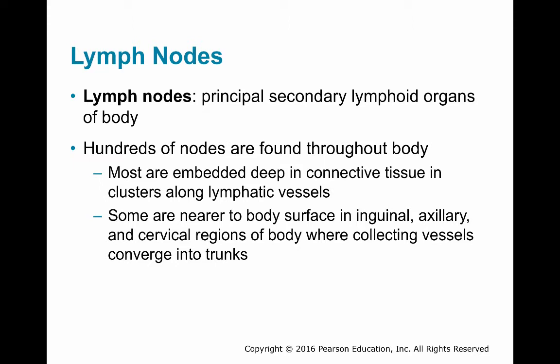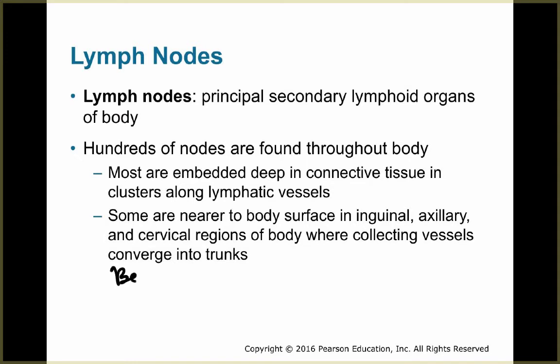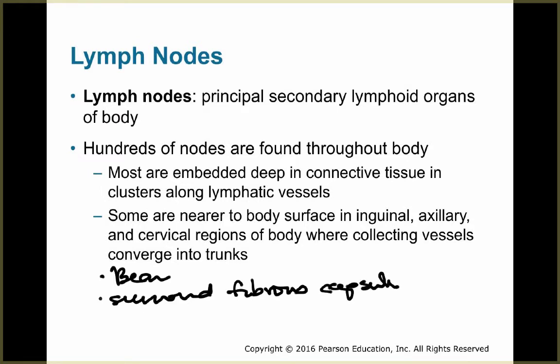Lymph nodes can vary in size and shape, but most of them are bean-like structures. They're very small, less than an inch or 2.5 centimeters. They're surrounded by capsules, and these capsule fibers will extend inwards as trabeculae that divide nodes into compartments. And we're going to look at what this looks like.